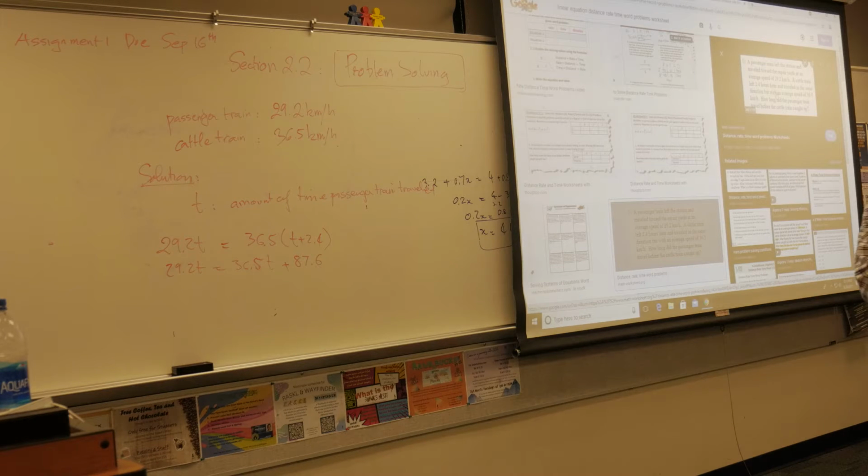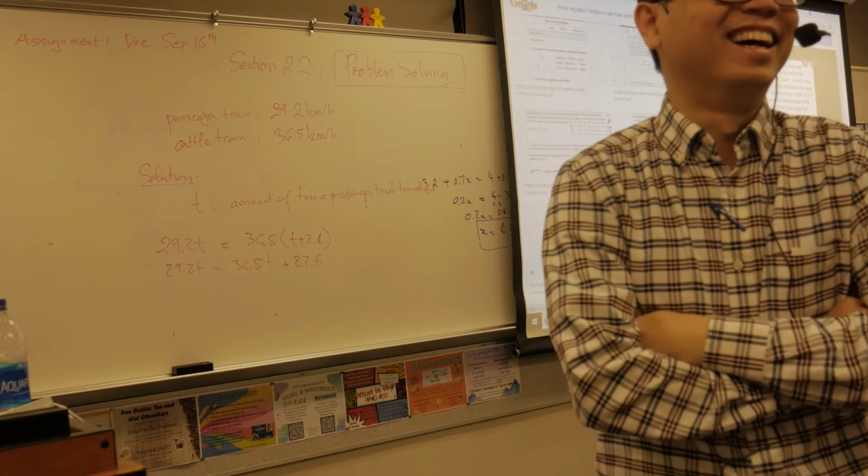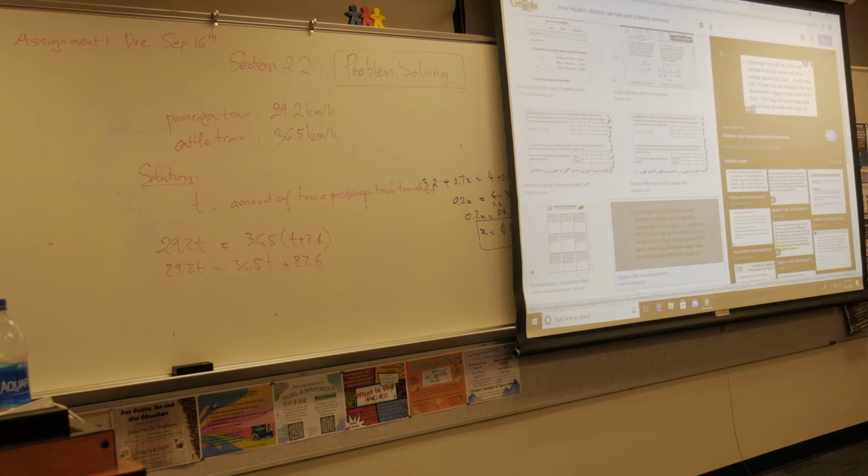I thought that since the 29 passenger train was traveling for 2.4 hours, I should multiply 29.4. Now I know what I did wrong. We should have it correct, but I think something is wrong with the number.